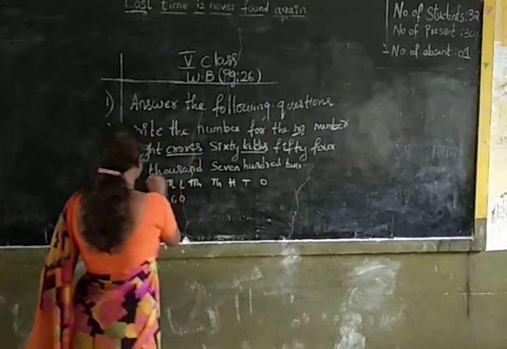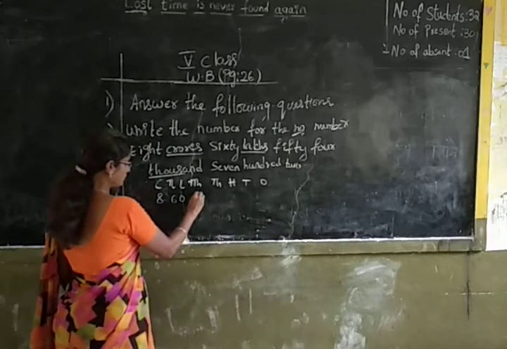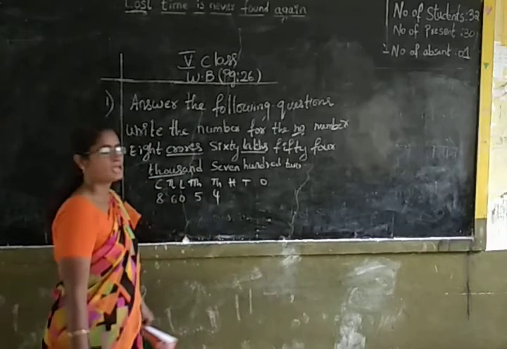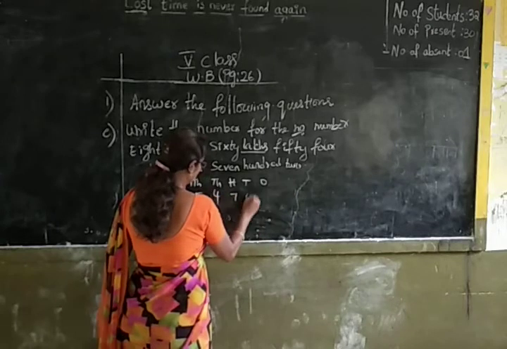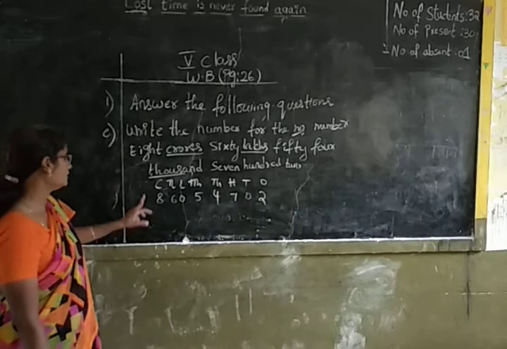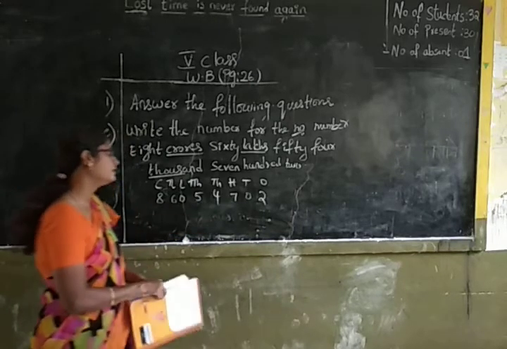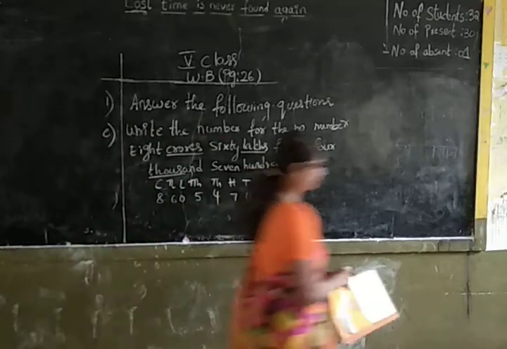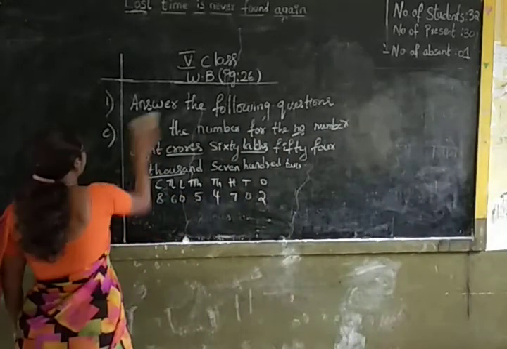Before 1000, the number given is 54, so you have to write 54 in thousands period. After that you are given 702. This is the way of writing 8 crores 60 lakhs 54,702.